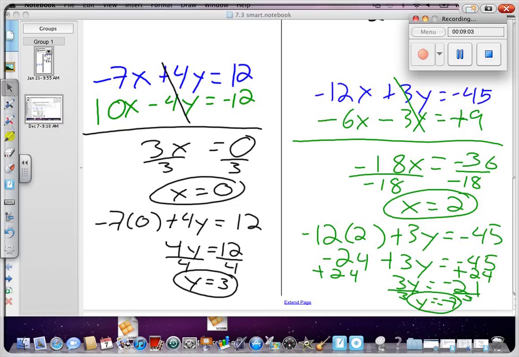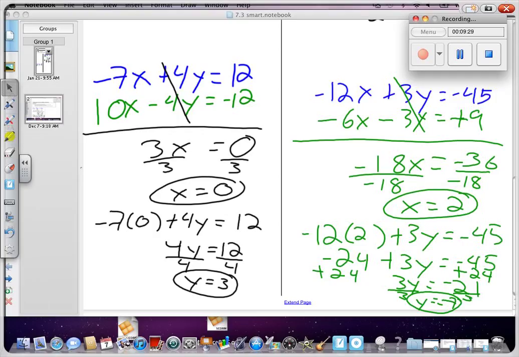Number 1, which letter is going to be eliminated, X or Y? Number 2, what would you have to do to number 2, and then which letter is going to go away? X. Yep. You would change all the signs, either the bottom one or the top one, and then add it. Number 3, which letters are going to go away, X or Y?